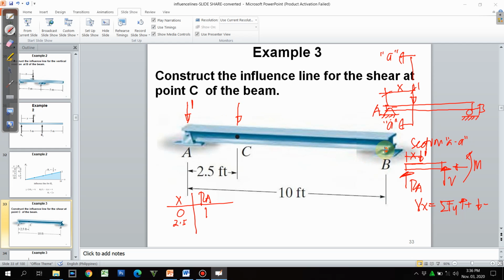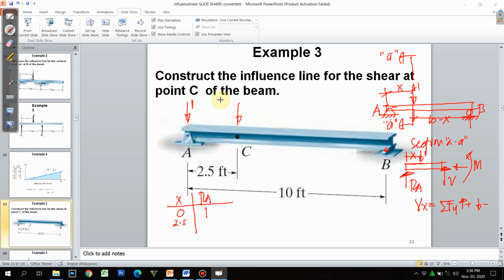We'll just take summation moments at B. Of course, it will involve here the distance 10 minus x.